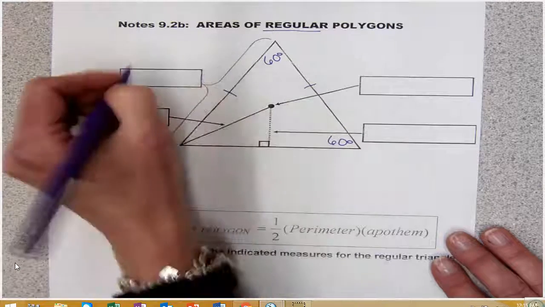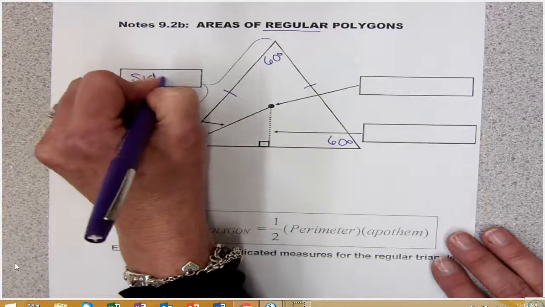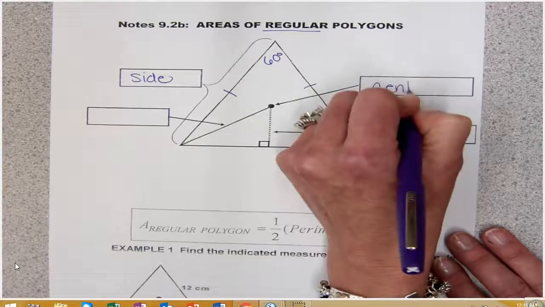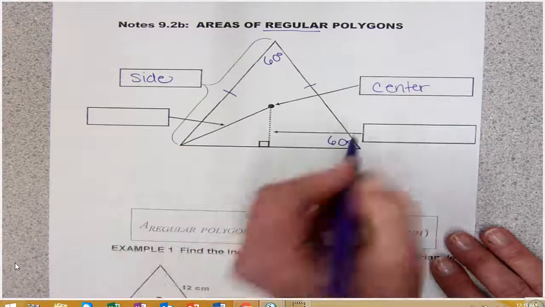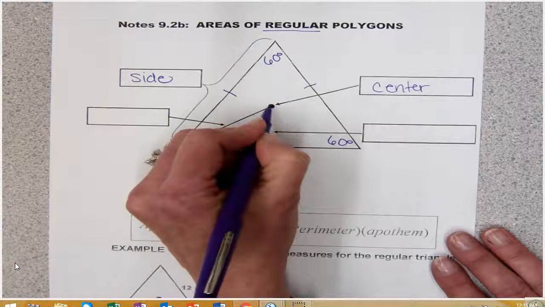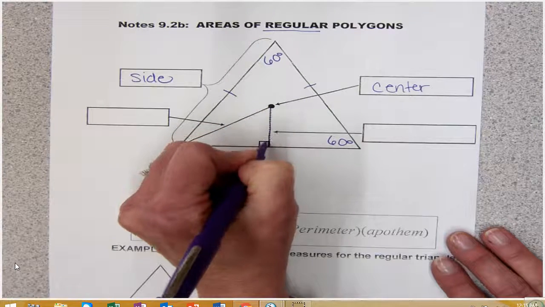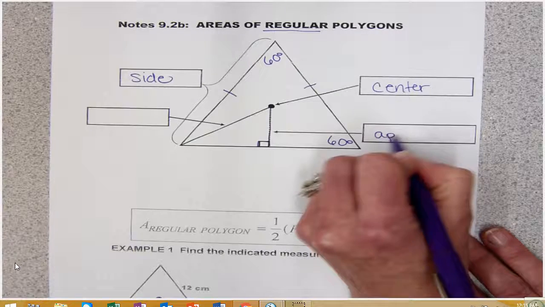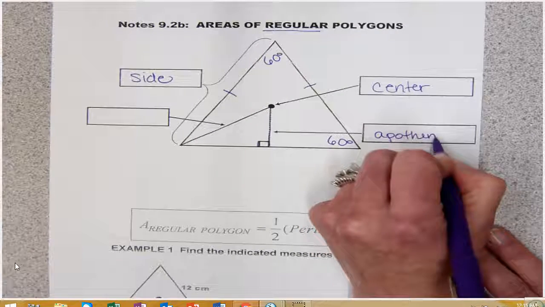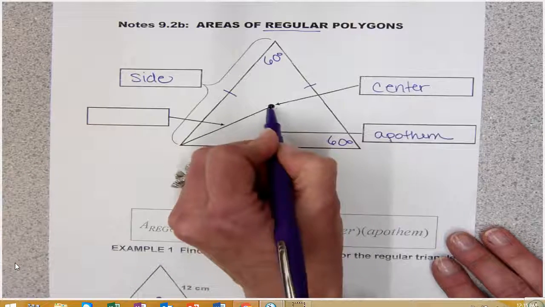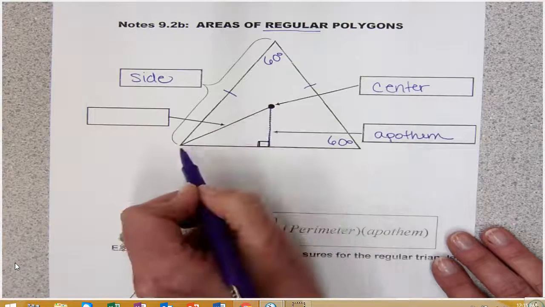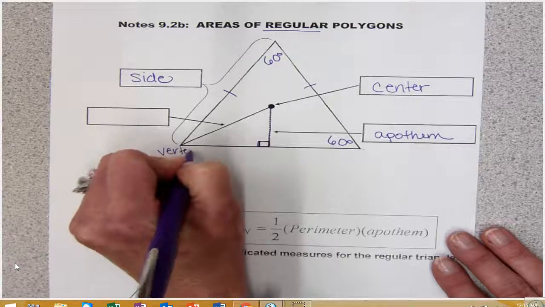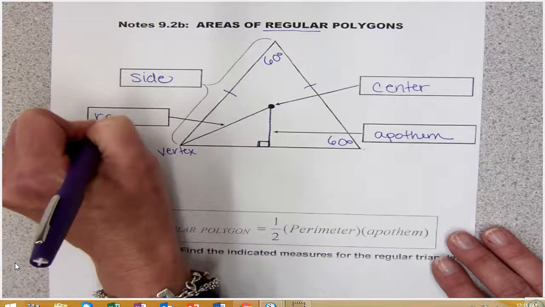I've got my side, I've got my center. I remember that from the center straight down to form a right triangle is going to be an apothem. And the center to the vertex, make sure you know it goes to the vertex, is your radius.